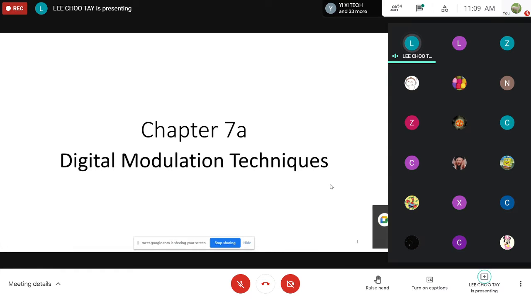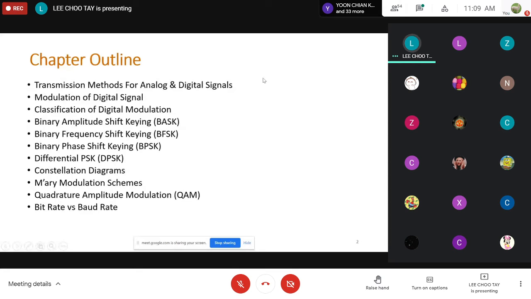Chapter 7A is about digital modulation techniques. This chapter will explain the concept of various digital modulation techniques. These are the subtopics in this chapter. We start with the transmission methods for analog and digital signal, an overview, followed by the modulation of digital signal.